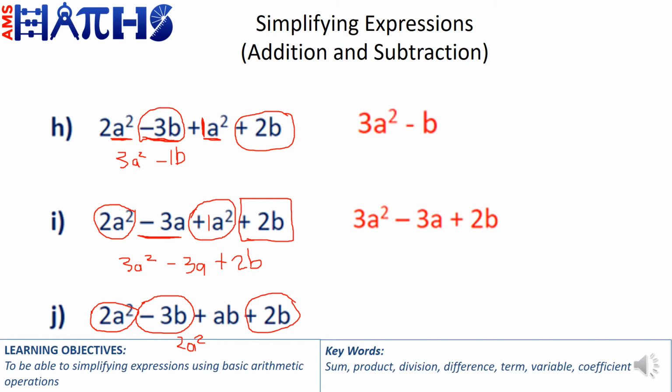So minus 3b plus 2b is minus 3 plus 2. Minus 3 plus 2 is a minus 1, so we end up with minus 1b. And our final term to take care of is 1ab. So the name is ab and we have one of it, so we just write back plus 1ab. So here's our answer, 2a squared minus b, which is a minus 1b, plus ab.